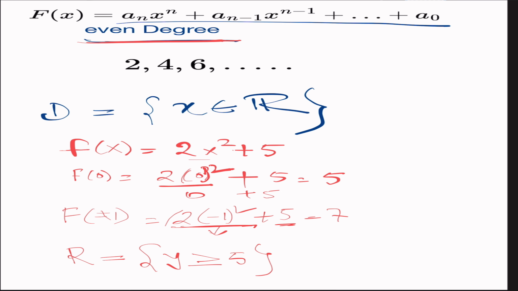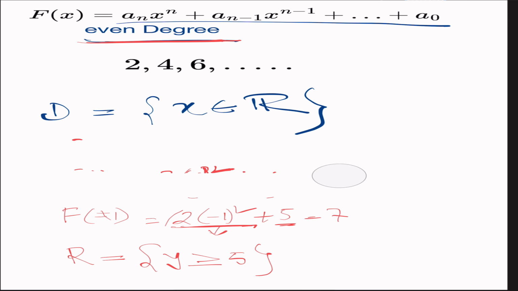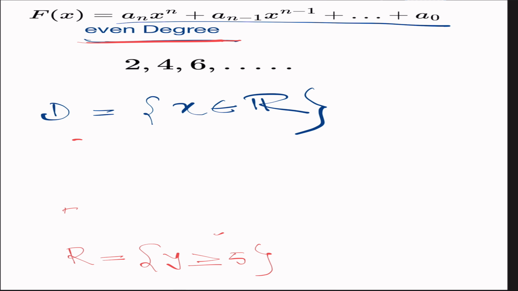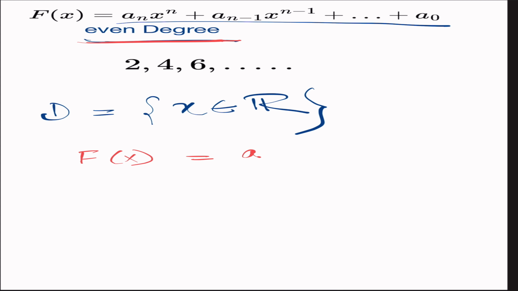So that's always true for any even function. Let's write down a general formula. Let's say we have f of x equals a x squared, any even function, it doesn't matter, plus b.